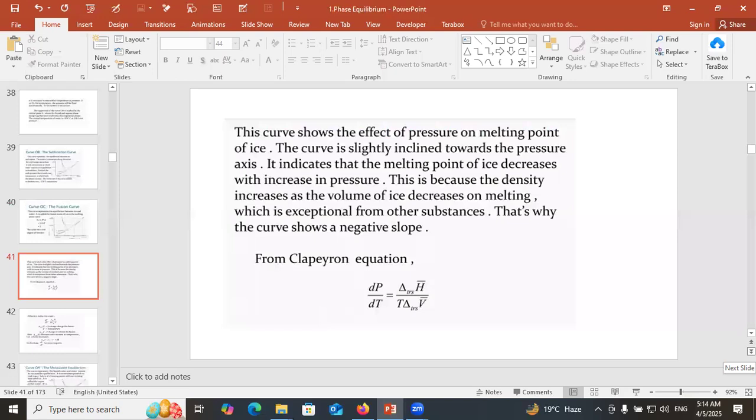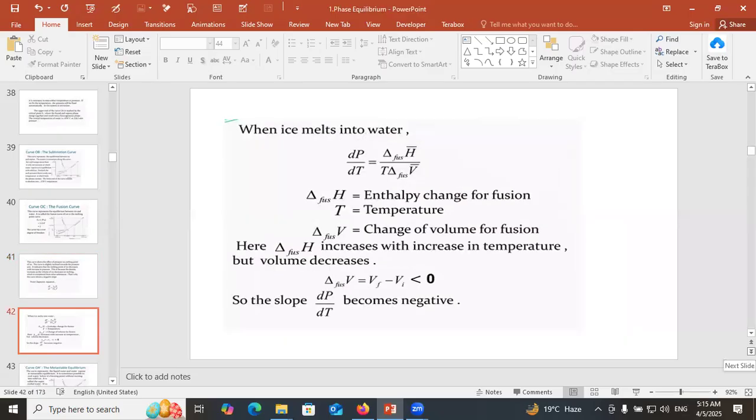This is because the density increases as the volume of the ice decreases on melting, which is exceptional compared with other substances. That's why the curve shows a negative slope. From the Clapeyron equation, dP/dT equals delta S over delta V. When ice melts into water, dP/dT equals delta H fusion over T delta V fusion, where delta H is the enthalpy change for fusion, T is temperature, and delta V fusion is the change of volume for fusion.